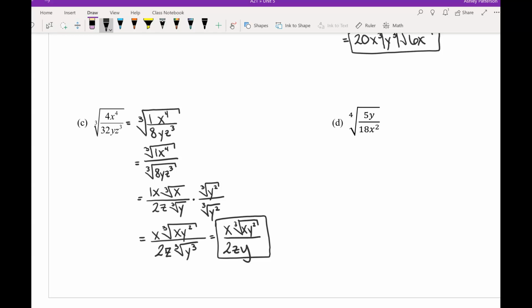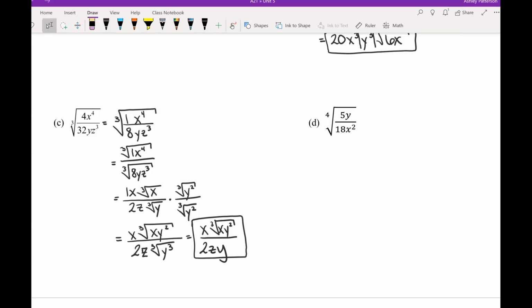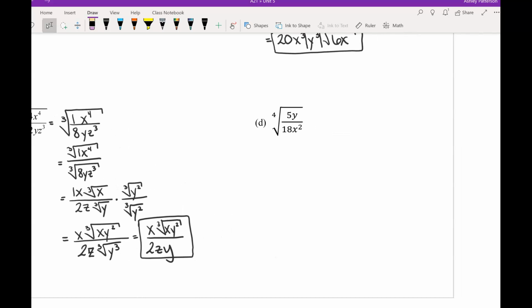All right, our very last one is now a 4th root, and it's underneath the same radical. Sorry, but I don't see anything that I can simplify, so I'm going to write it as 2 separate radicals, keeping my index. So we have the 4th root of 5y over the 4th root of 18x squared. Nice.